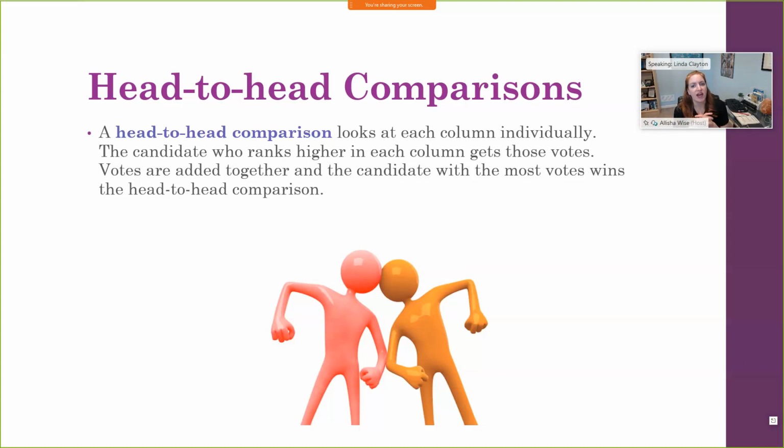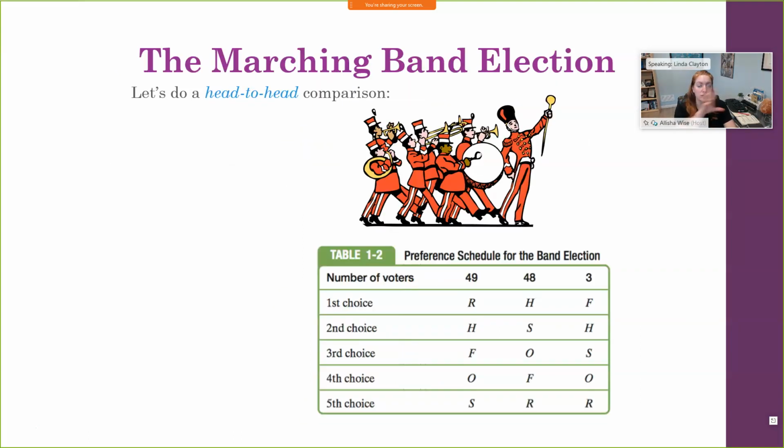When you think of head-to-head comparisons, I want you to think of 2 people battling it out, right? And we're going to see who's the winner of each one of those head-to-head comparisons. I'll show you in a second.